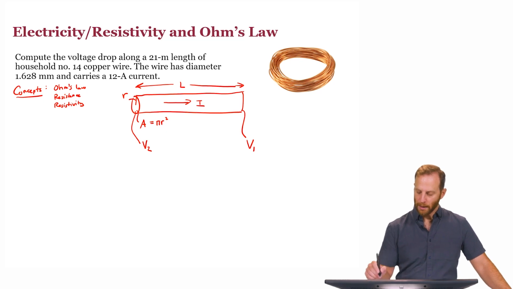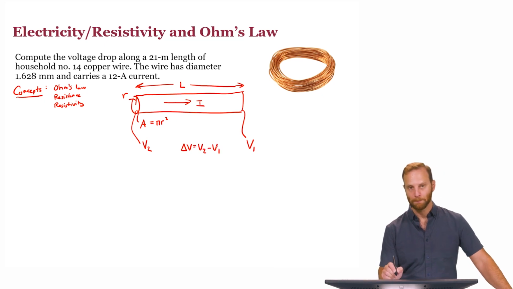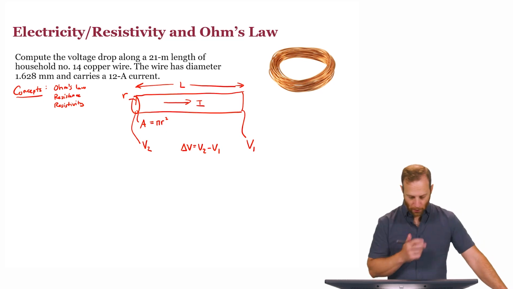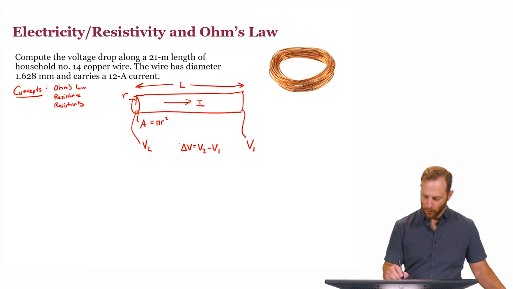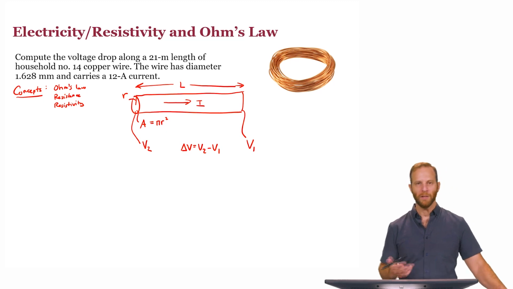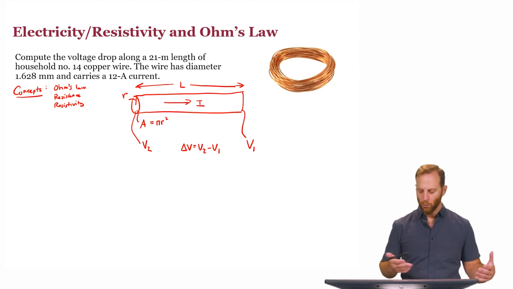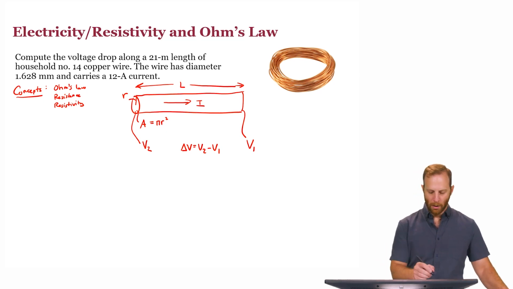So there is a change in potential. There's a so-called voltage, which is the high voltage minus the low voltage. Okay. So there are a couple of things that we've identified. We do have a voltage that's related to V2 and V1, but we don't necessarily need V1 and V2 separately. What we do have is Ohm's law.